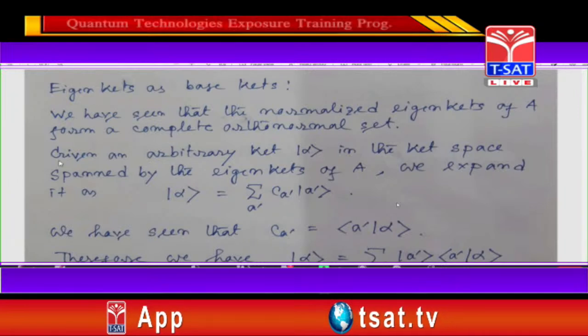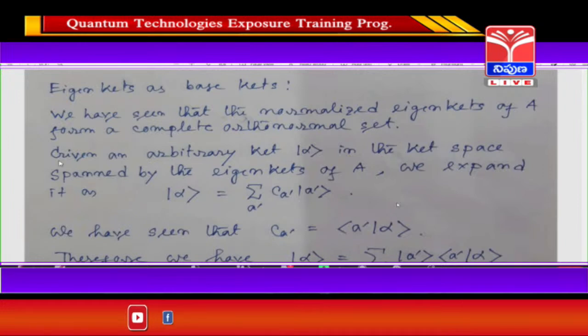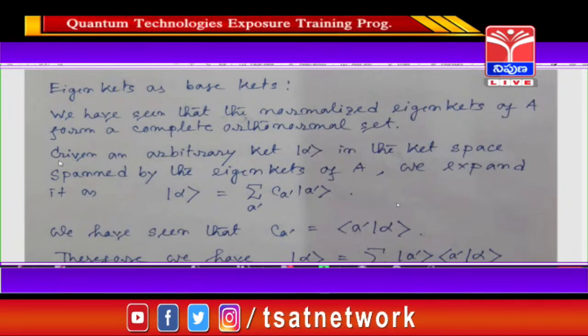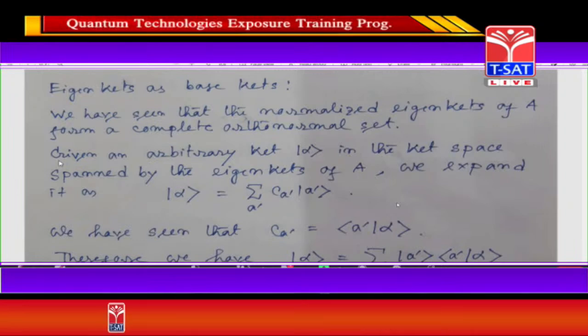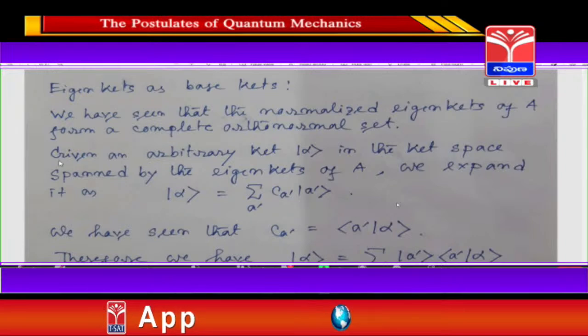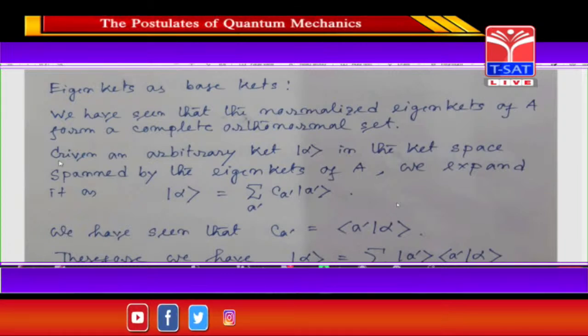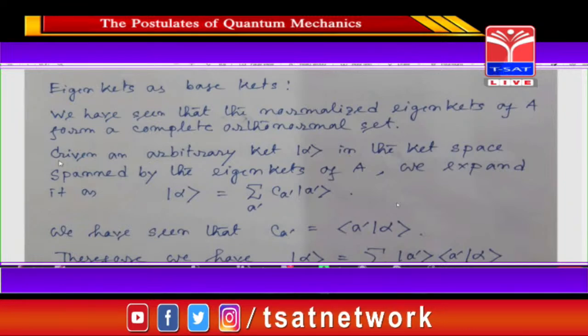Try to imagine the way you have understood the usual coordinate system. Say x, y, z coordinates are there. Three coordinates can be associated with three unit vectors like i cap, j cap, k cap. And any vector in that three-dimensional coordinate system can be expressed in terms of those i cap, j cap, k cap.